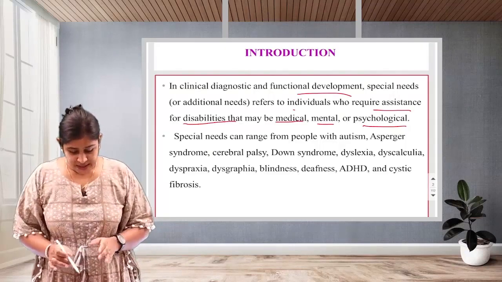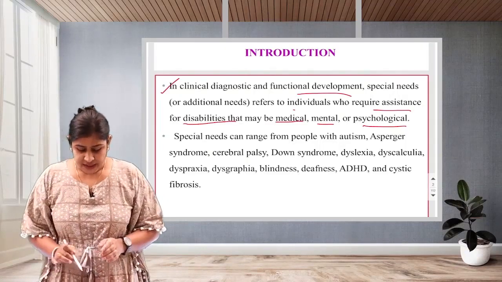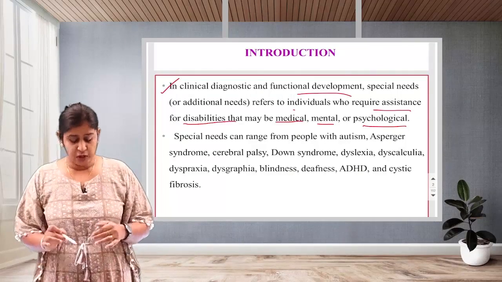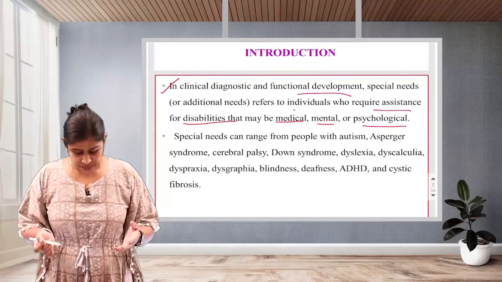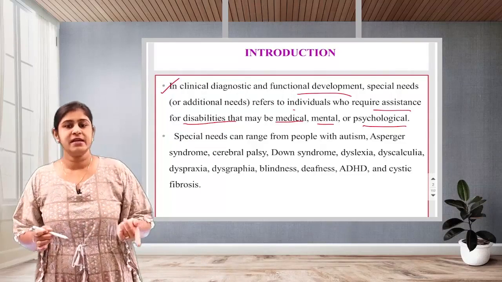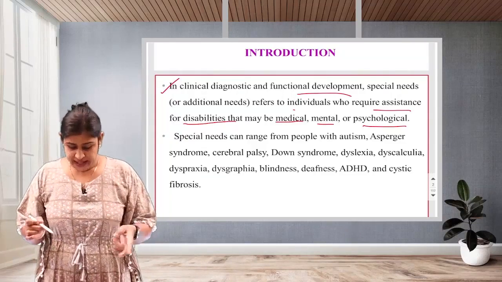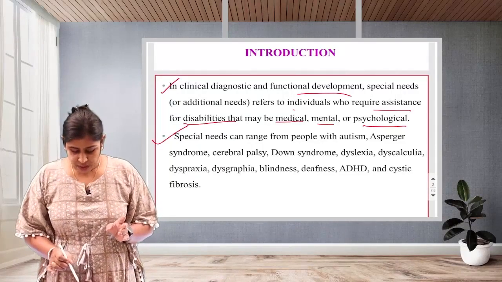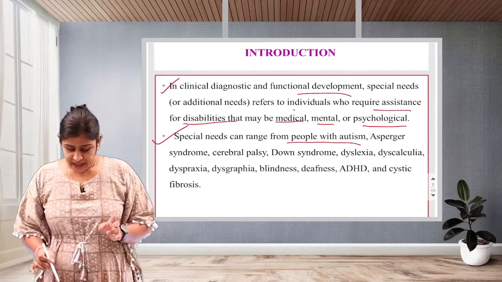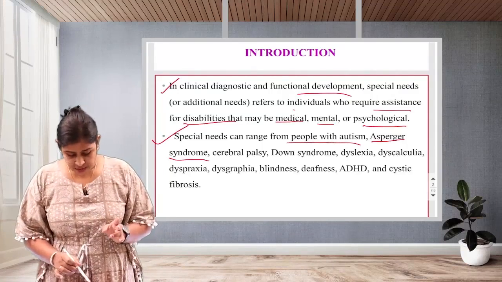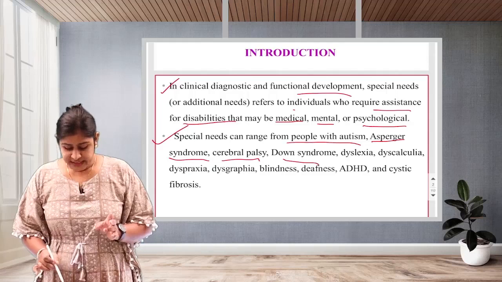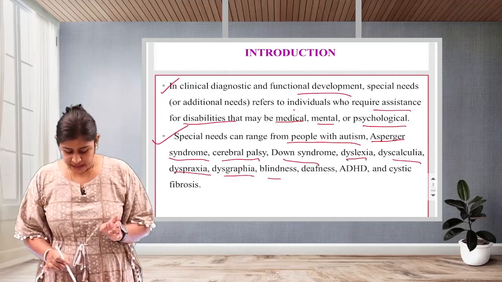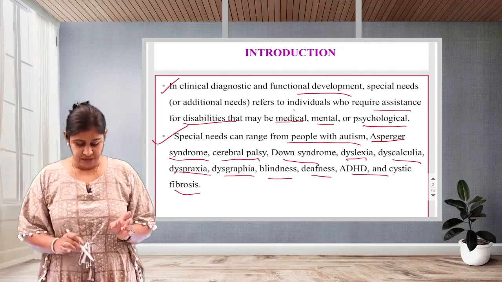In clinical, diagnostic and functional development, special needs or additional needs refers to those individuals who require assistance for disability. Disability can be medical, mental or psychological. Special needs can range from people with autism, Asperger's syndrome, cerebral palsy, Down syndrome, dyslexia, dyscalculia, dyspraxia, dysgraphia, blindness, deafness, ADHD and cystic fibrosis.